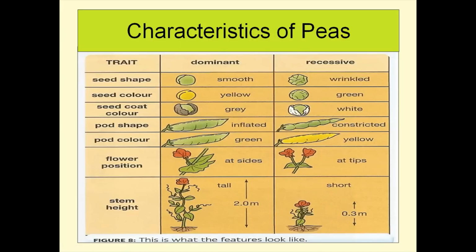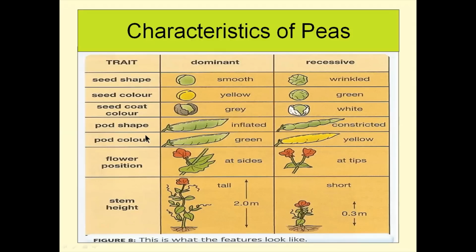Similarly, for seed color, yellow is a dominant characteristic, whereas green is a recessive characteristic. For gray seed coat color, the alleles for gray color are dominant over white seed coat color. For pod shape, inflated shape is dominant over constricted pod shape.